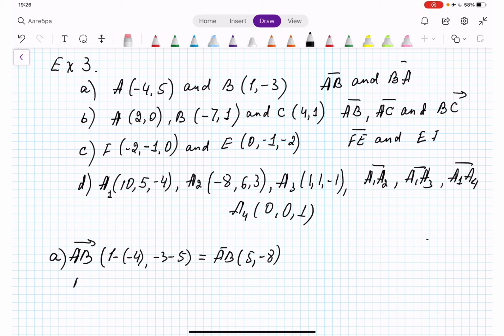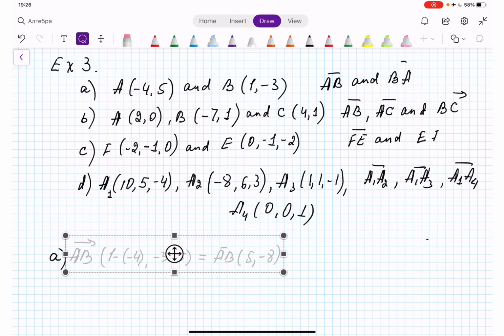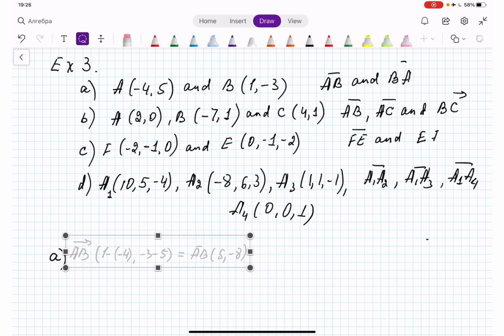Okay, now BA, let me write it down here. Now let's find vector BA, which means B is the beginning and A is the end. So coordinate of A minus coordinate of B, right?